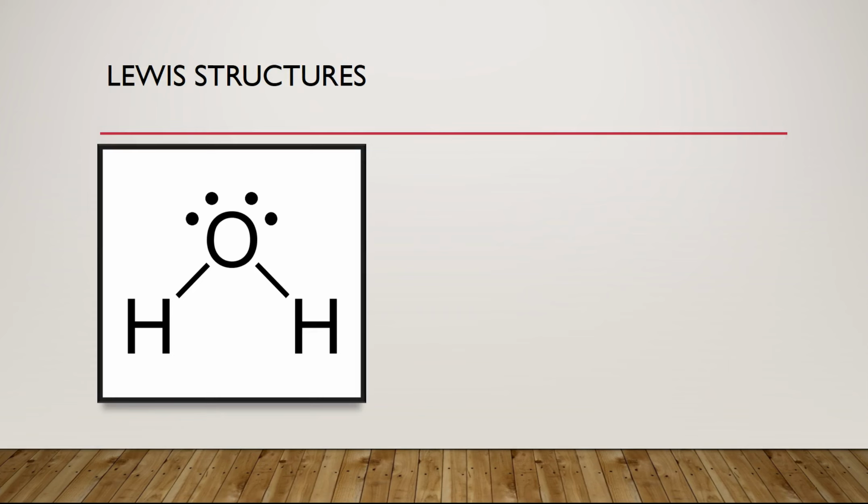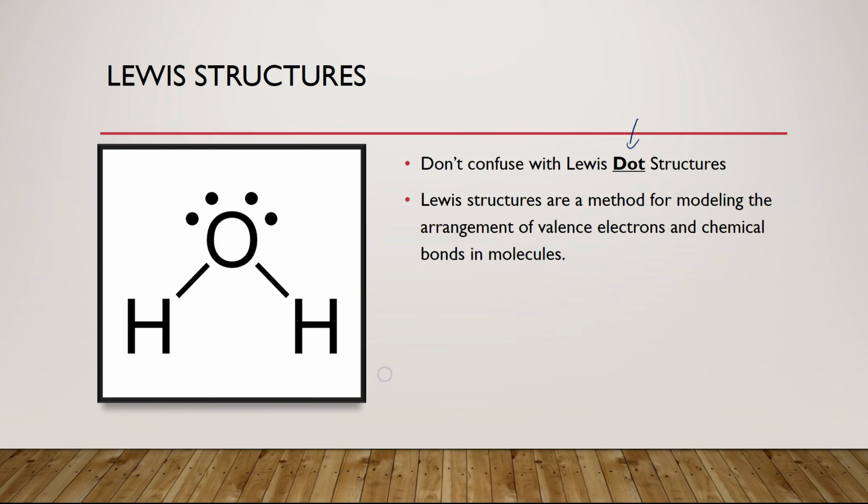So we have what are called Lewis structures. These are not the same thing as Lewis dot structures, although the underlying skill for Lewis dot structures is important, because you'll notice we do still have the dots. But we're also showing the location of bonds. Lewis structures are a method for modeling the arrangement of both the valence electrons and the chemical bonds in our molecules.